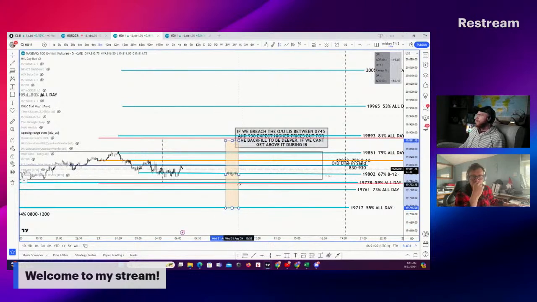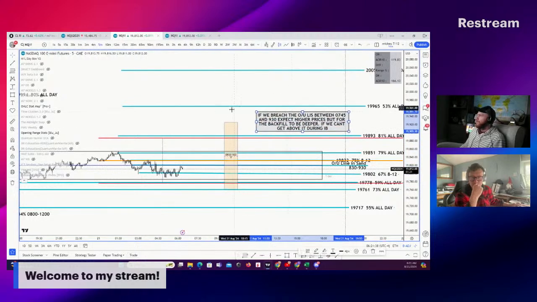And if we're expecting a move like this, we can expect it to be a range extension, and we can see that we can expect it to go to the 73 probability right here, the 81. Since the 9:30 to 10:30 is the most volatile time of the day, we can expect it to at least take out these higher probable projection-based probabilities, right?